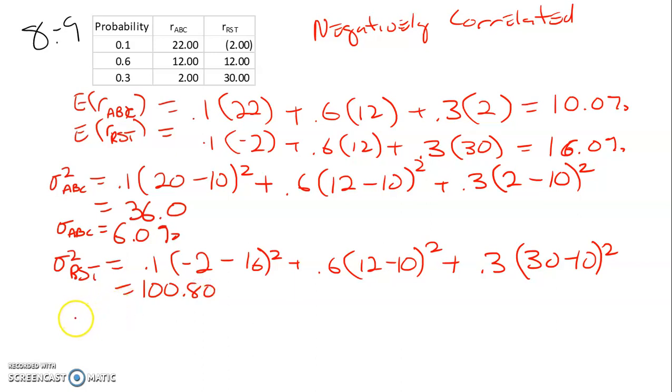We take the square root of that to get the standard deviation. So for RST, that's 10.04.